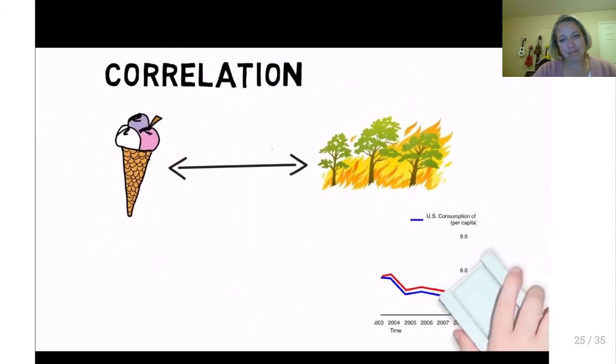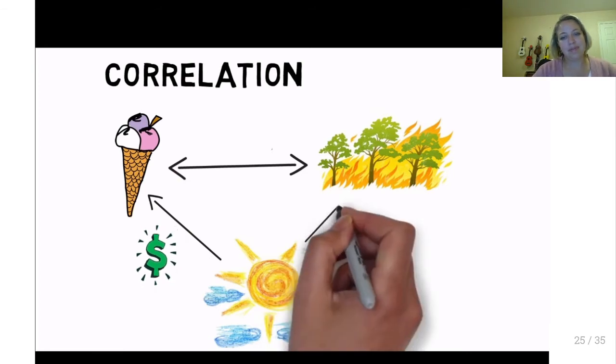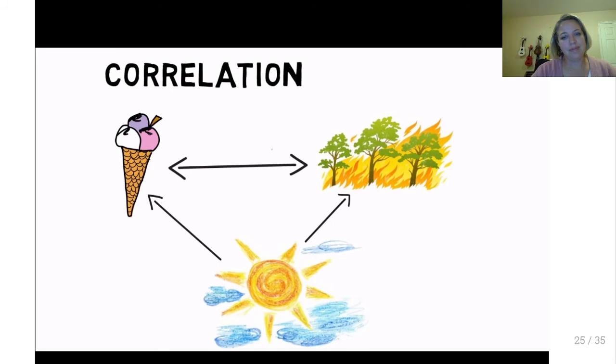With the sale of ice cream, the third factor is weather. When it is hot outside, people buy more ice cream. They are more likely to go for a swim, and there is a general increase in people out and about enjoying the weather, helping improve conditions for crime to take place, as well as the dry conditions associated with forest fires. A note of caution.